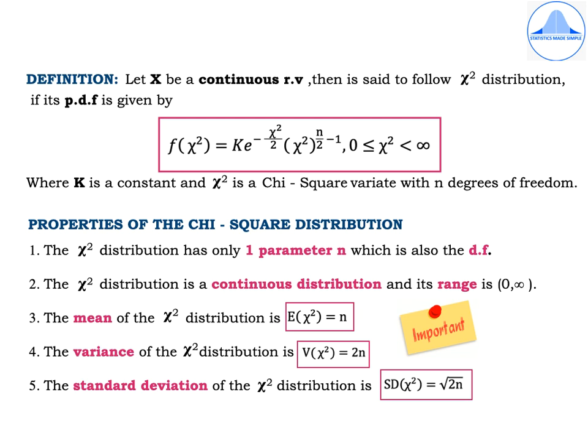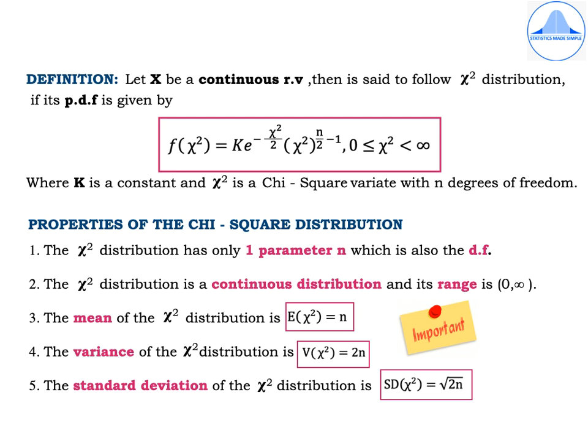And here you see that the entire PDF is in terms of chi-square, and hence we write the range for chi-square. Whereas in all the previous distributions we wrote the range for x, but in this expression the PDF is in terms of chi-square, so we write the range for chi-square as 0 is less than or equal to chi-square is less than infinity.